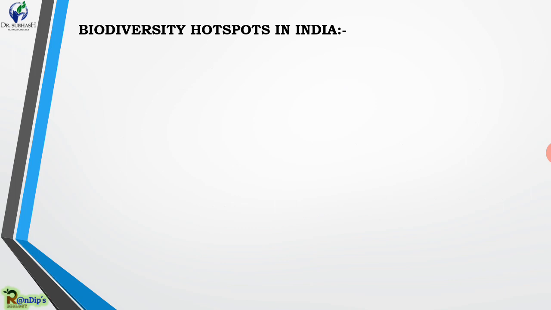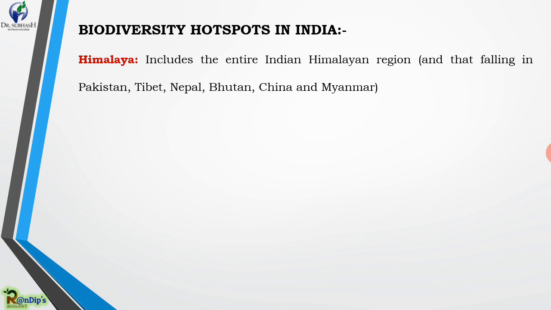In all over the world, there are 35 hotspots of biodiversity, and in India, four types of hotspots, because the richest biodiversity is there. The first one is Himalaya. Himalaya includes the entire Indian Himalaya region, and the parts falling in Pakistan, Tibet, Nepal, Bhutan, China, and Myanmar.